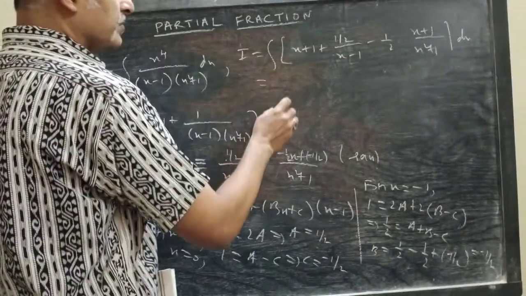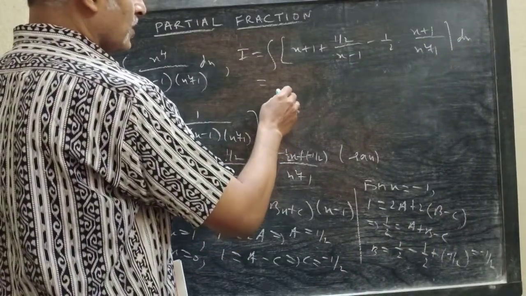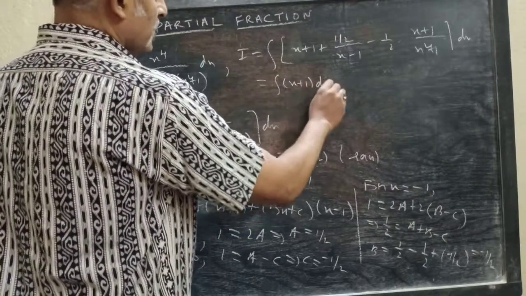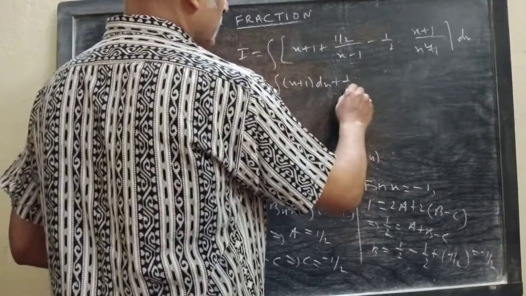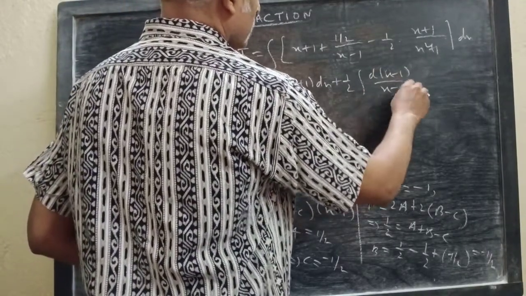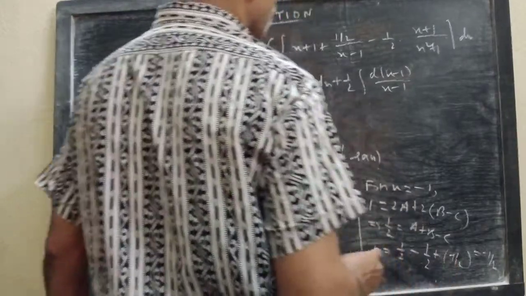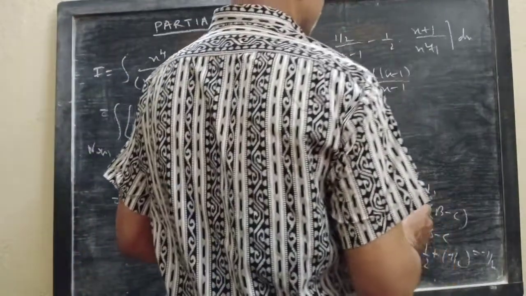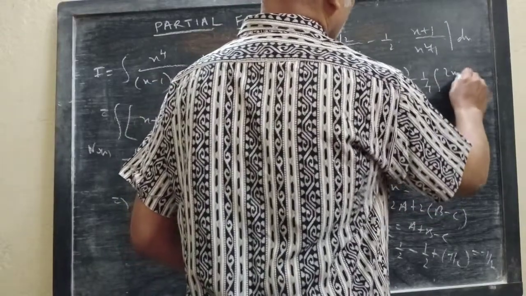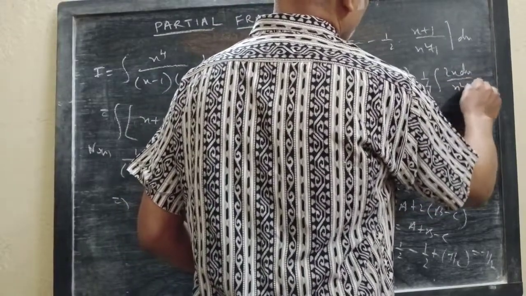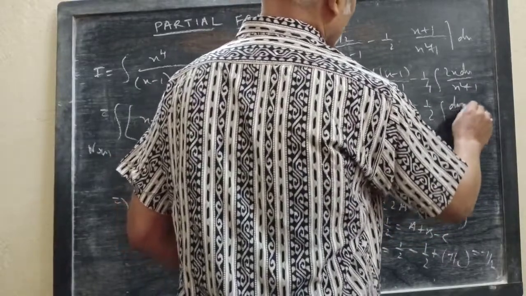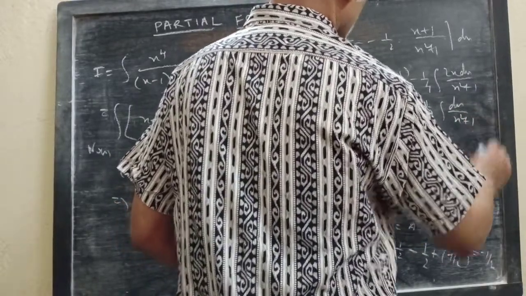Then integration of x plus 1 dx plus half integration of d of (x minus 1) by (x minus 1), then minus 1 by 4 integration of 2x dx by x square plus 1, minus half integration dx by x square plus 1.